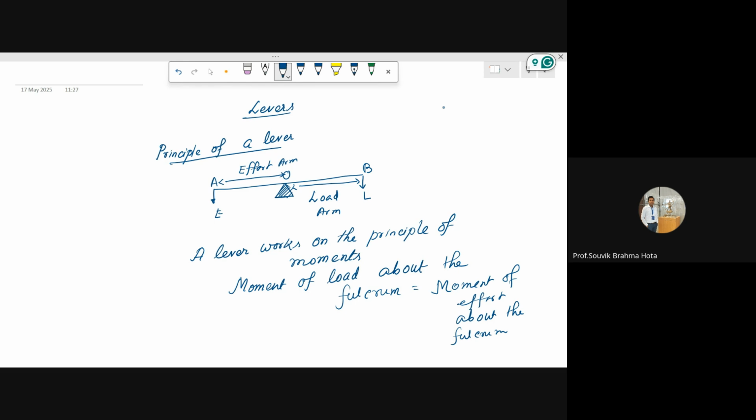That means what? See, moment we know. Moment is equal to force into distance. Now, moment of effort about the fulcrum is what?